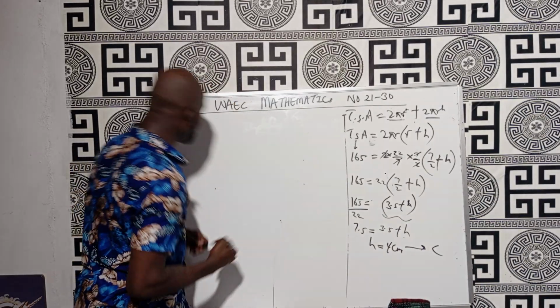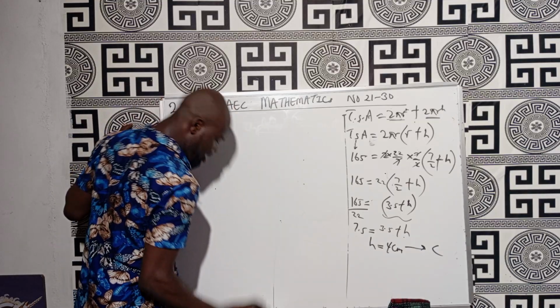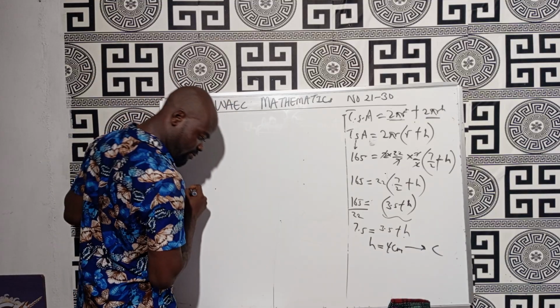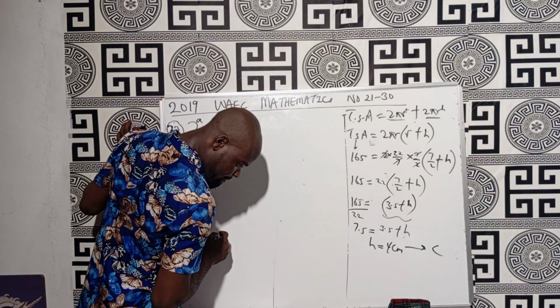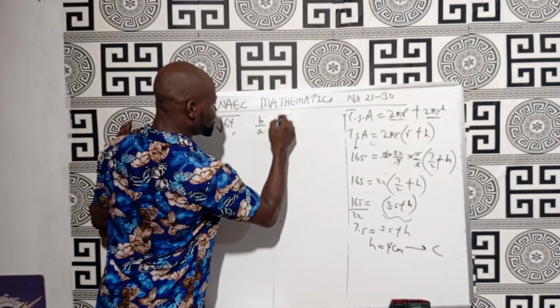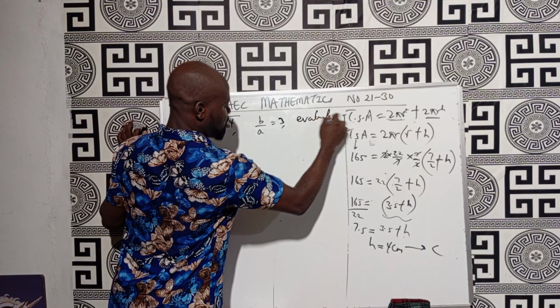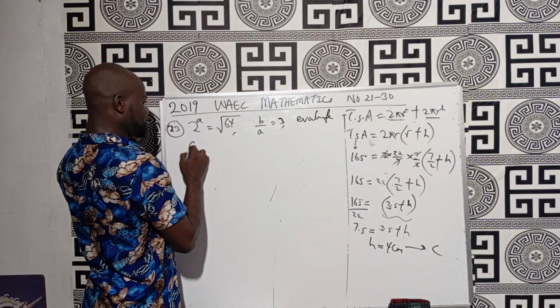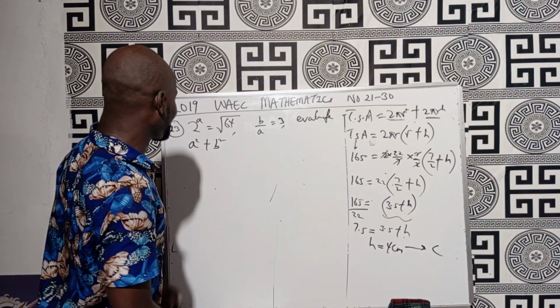If 2 raised to the power a is equal to the square root of 64 and b over a equals 3, now evaluate a squared plus b squared. Wow. Let's look at the question very well.